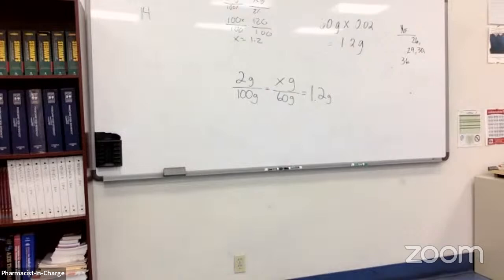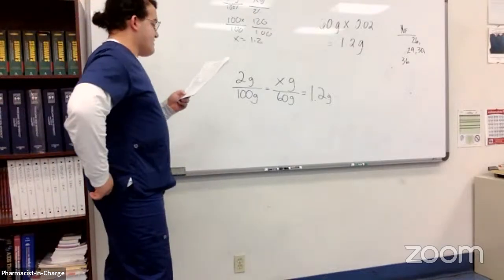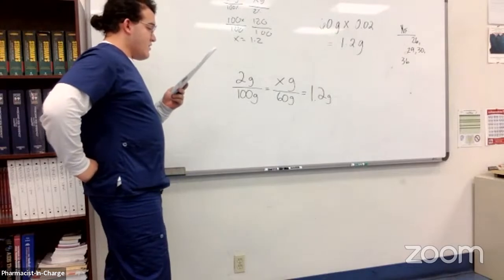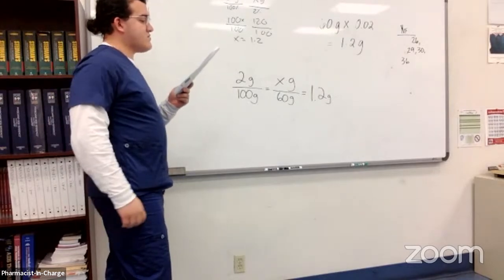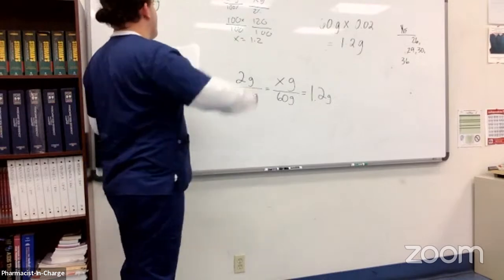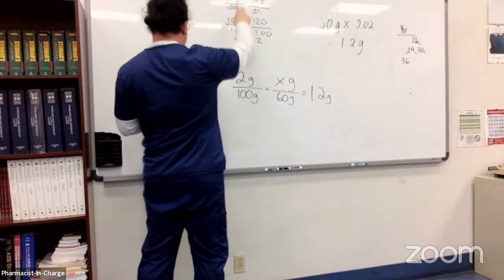So I know that it was asking how many grams of hydrocortisone are in 60 grams of 2% ointment. So I put both of the percents on the bottom and both of the grams on the top.